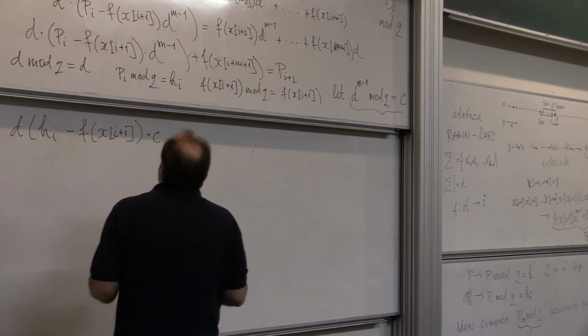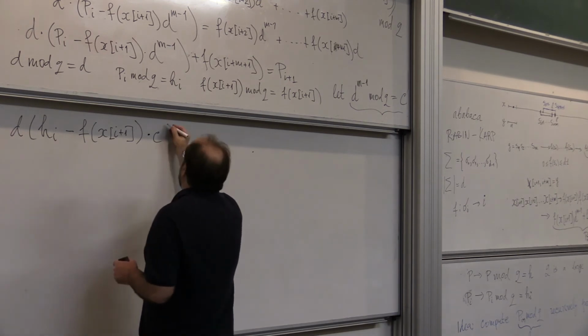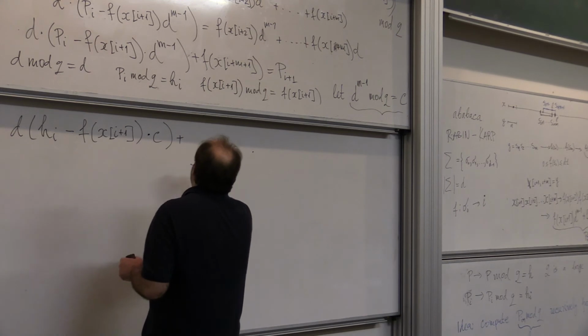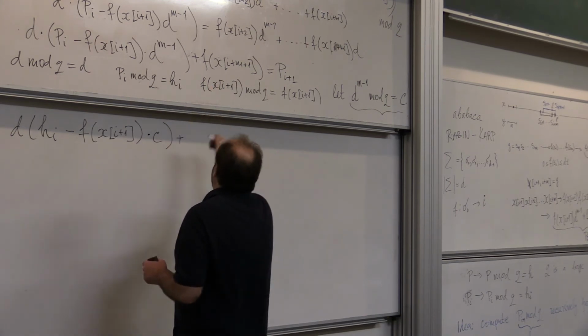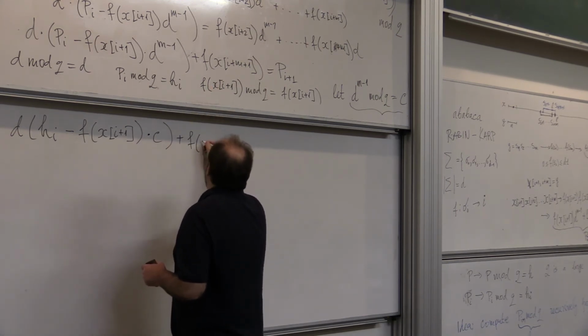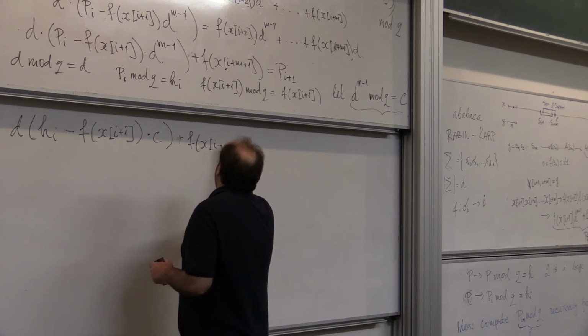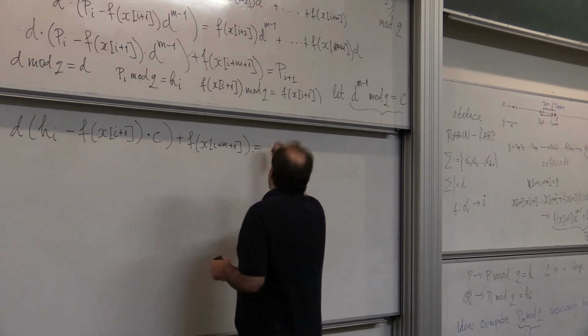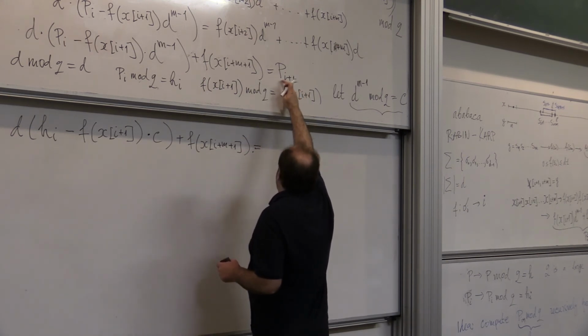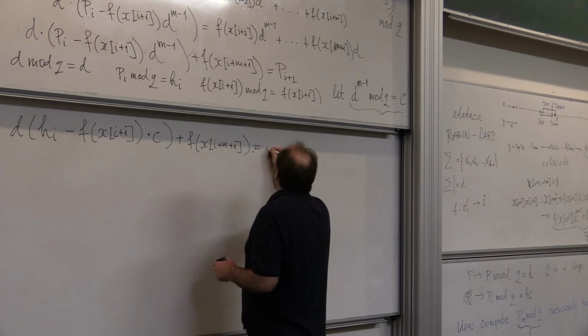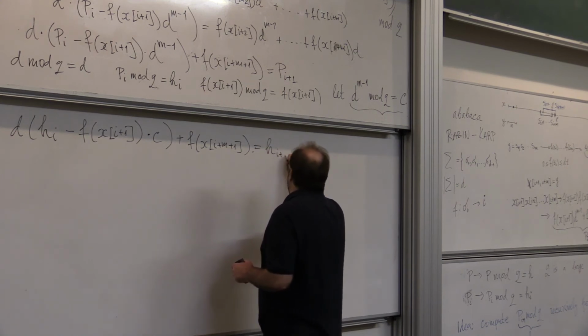And then the whole thing plus, of course, the last element is also small, so f of x i plus m plus 1, and if I mod out this by q, I get simply hi plus 1.